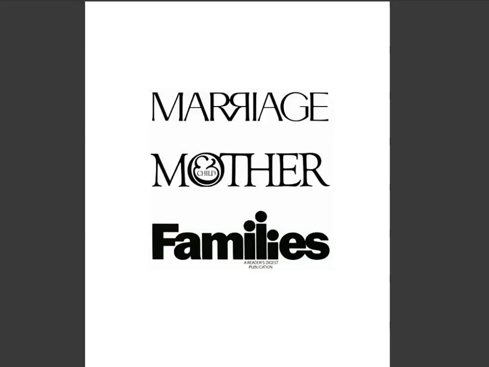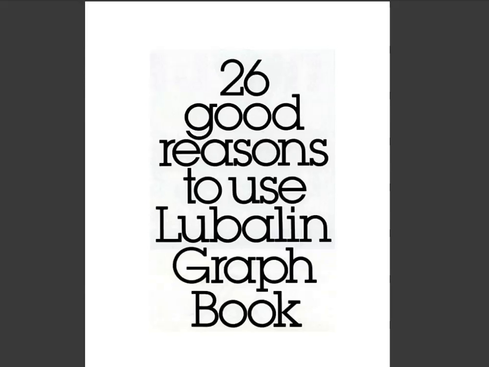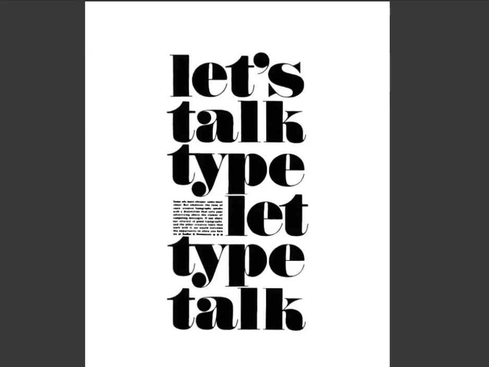Think about it. Look at the R's. Marriage. Just simple things, but easy to do. Lubalin Graph. He designed this font. So 26 good reasons to use Lubalin Graph Book. You know, this is just good stuff to be thinking about and looking at when you're working on some of your pieces and your projects.